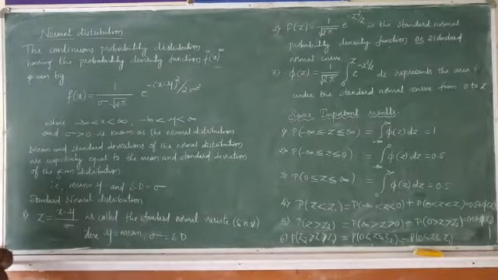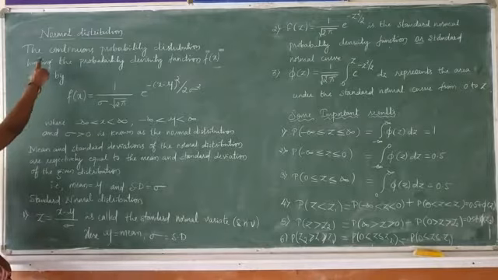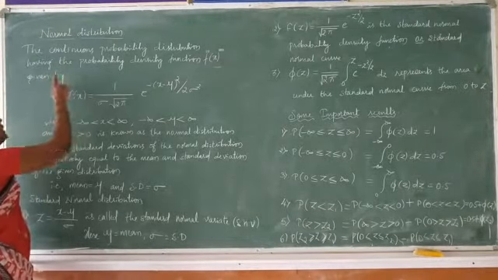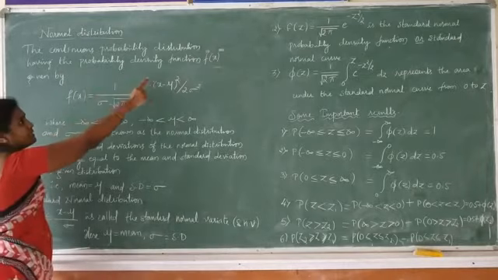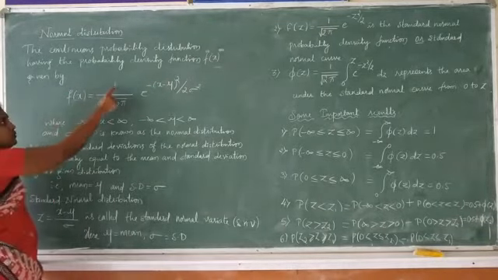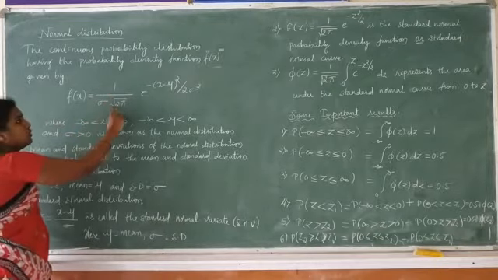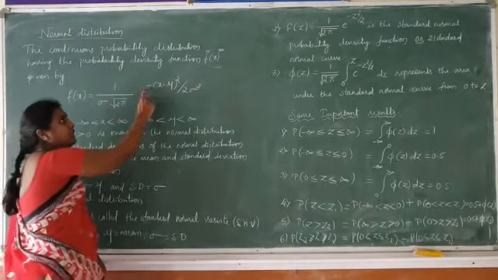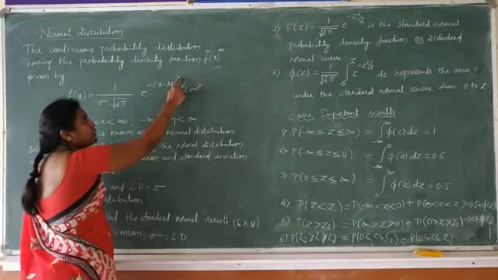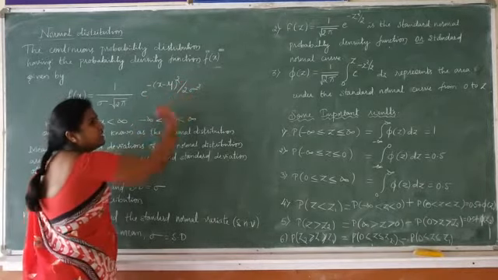In probability distributions, the next part is the normal distribution. The continuous probability distribution having the probability density function f of x given by f of x equals 1 upon sigma square root 2 pi into e raised to minus (x minus mu) whole square upon 2 sigma square.